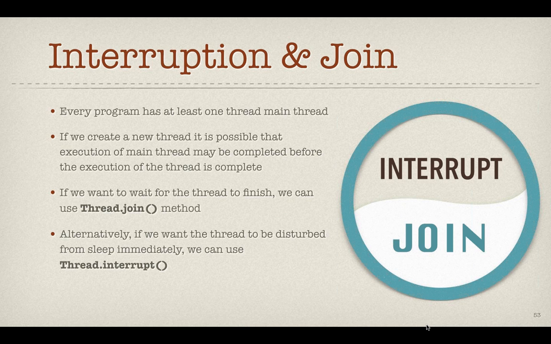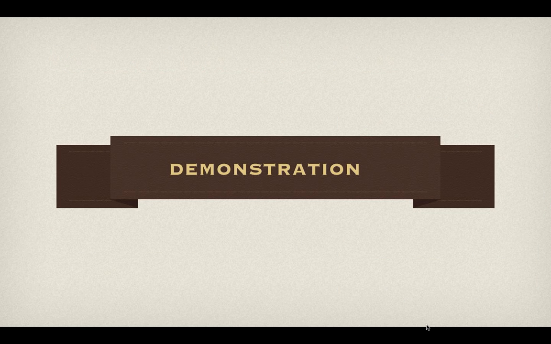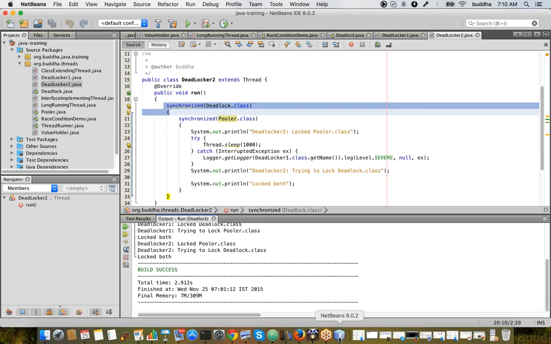Alternatively, if we want to wake up another thread that is sleeping, we call interrupt on that thread, and it will be interrupted from its sleep. These two methods help with interaction between multiple threads.